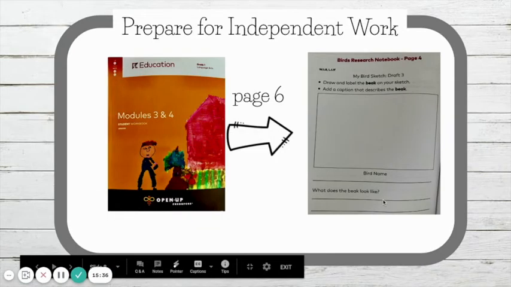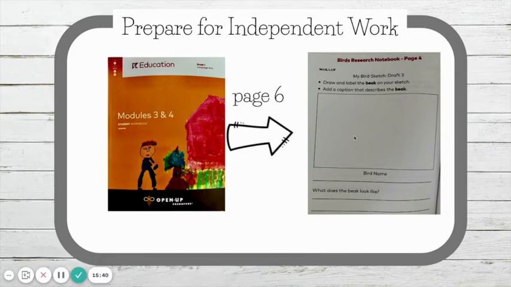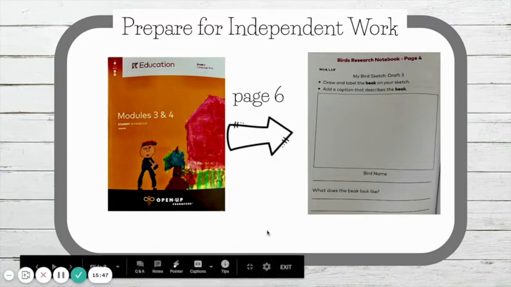Well, now it's time for some independent work. You are going to open up your EL workbook and go to page 6. You'll know you're there when it looks like this. I'll give you a moment to find it.